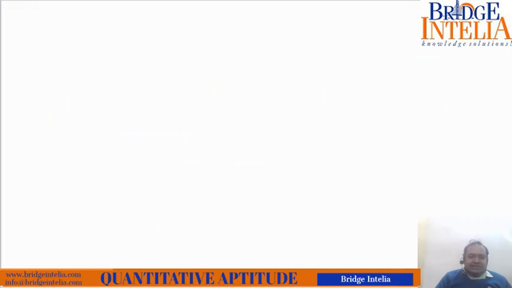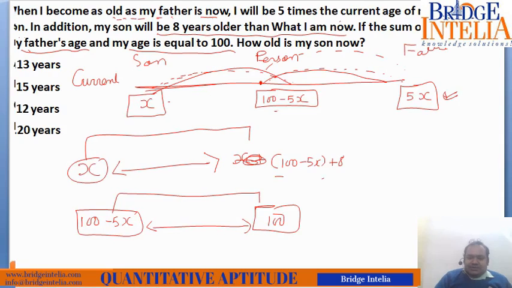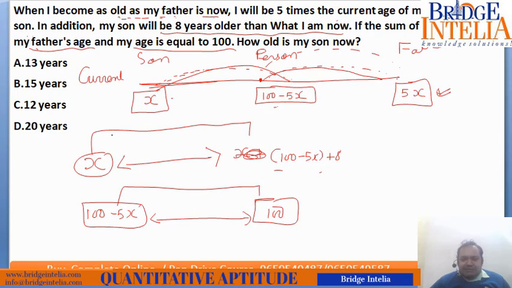So the difference 100 minus 5x plus 8 minus x, that means the son moved forward in time by this much, and this time period is equal to this time period. This is not 100 but this is 5x.